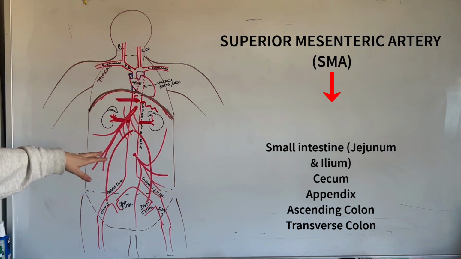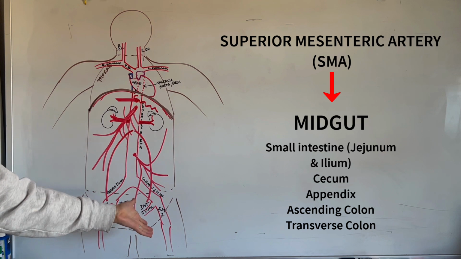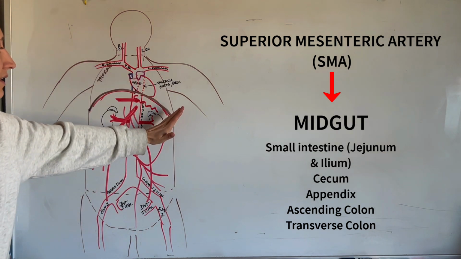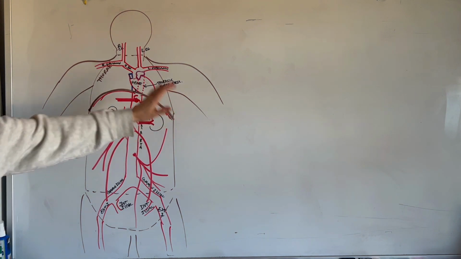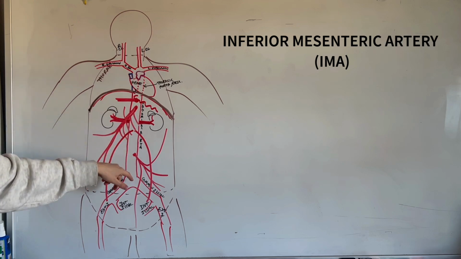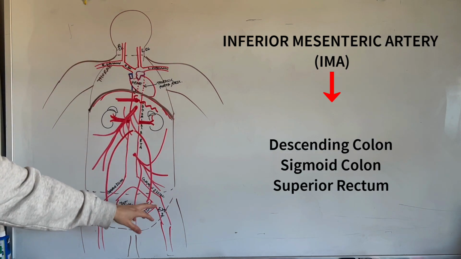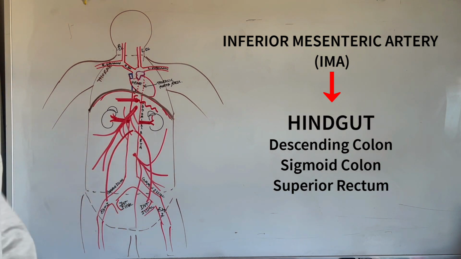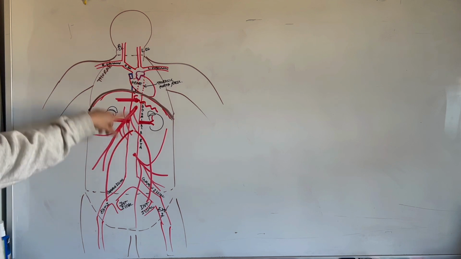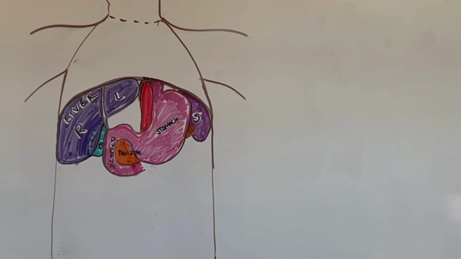So superior mesenteric artery is going to supply what we call your midgut, which is all those organs I just listed to the left colic flexure. You can probably guess the inferior mesenteric artery is then going to supply the rest, the descending colon, the sigmoid colon, and the superior aspect of your rectum. So that's our setup. Now we're going to get into the details of each one of these unpaired arteries.